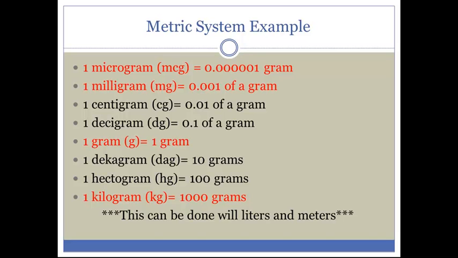Metric system examples, so 1 microgram, we have listed here, 1 milligram, we have listed, and then 1 gram, and then 1 kilogram. This is how the metric system is laid out when we have 1 of each. The ones in red are the ones that we use the most in the clinic.